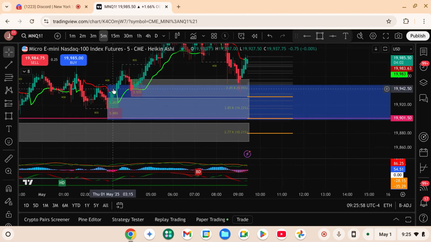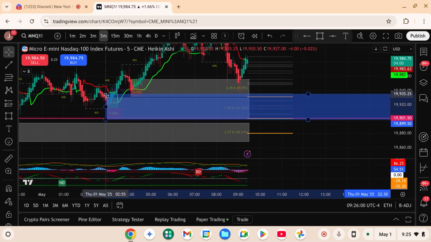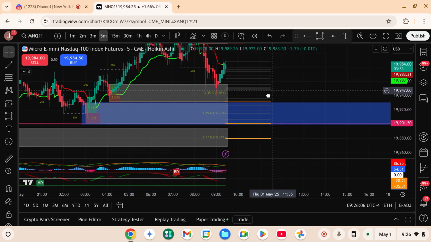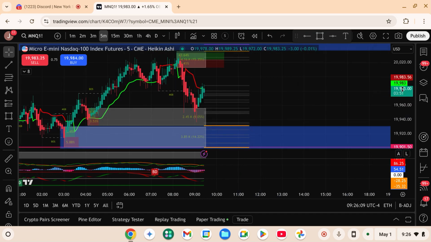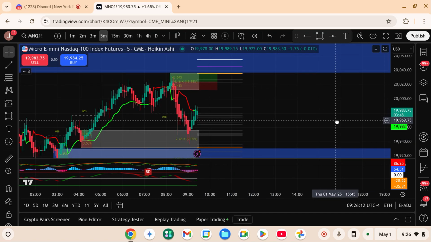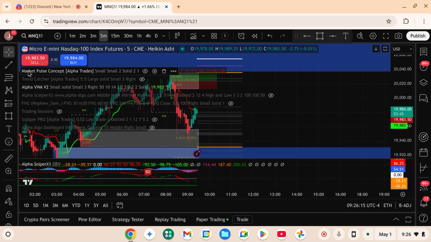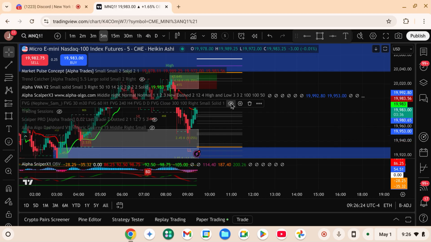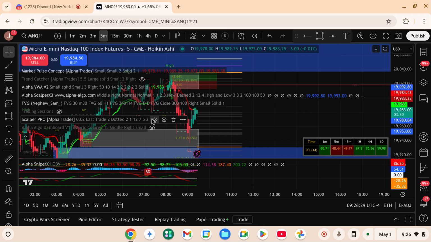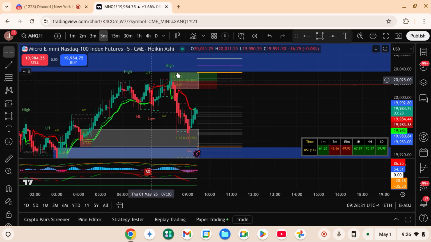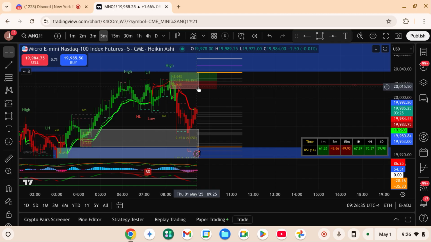Let's adjust this to here. See if we got any gaps around this area. So there's one right here that needs filled inside this 5-minute order block.